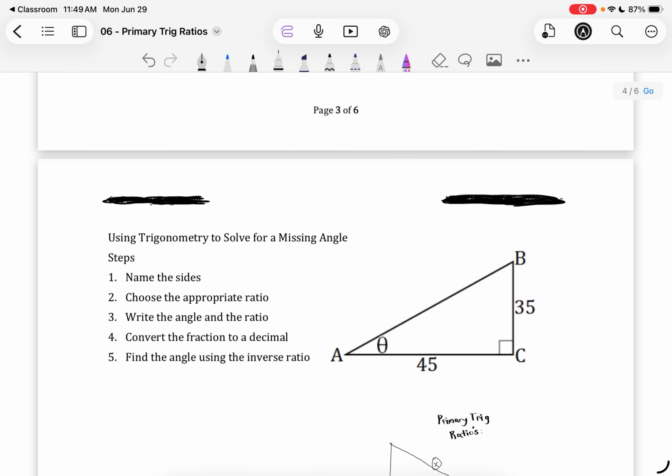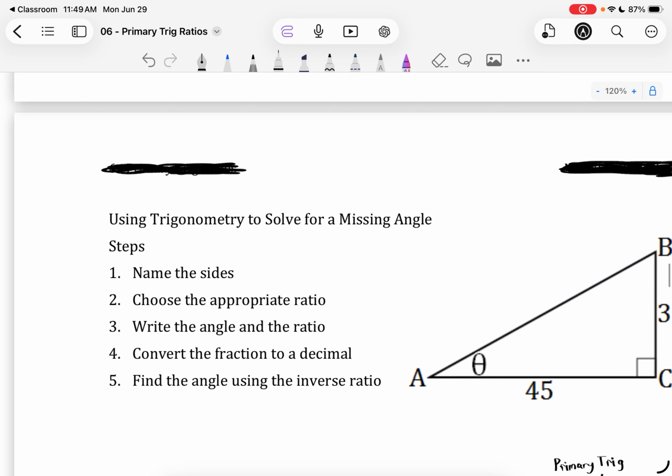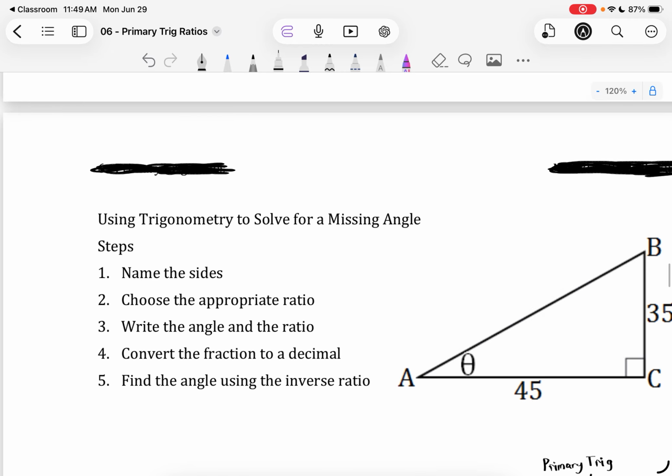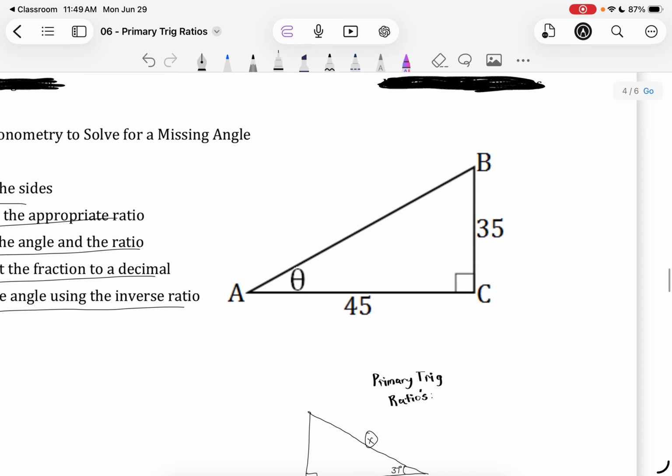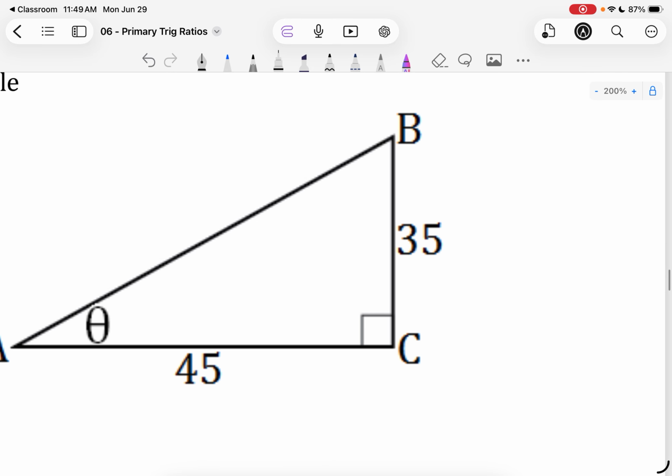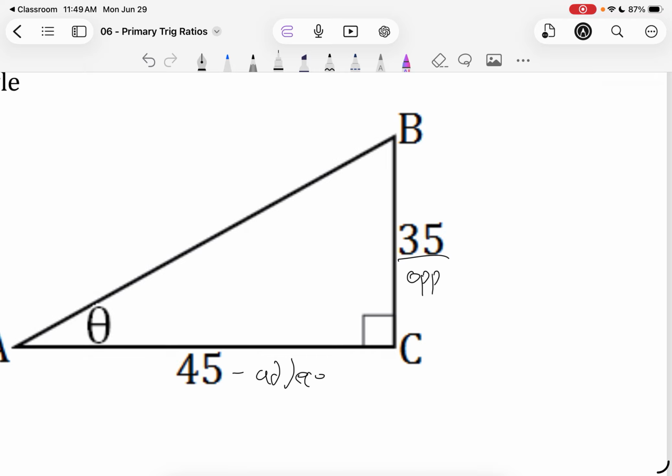Now, another way to use this is to solve for the missing angle. It's a similar thing. Name the sides, choose your appropriate ratio, write the angle, convert the fraction to decimal, and find the angle using the inverse ratio. For example, let's try it right here. Here we have opposite, adjacent, but we don't have the hypotenuse.